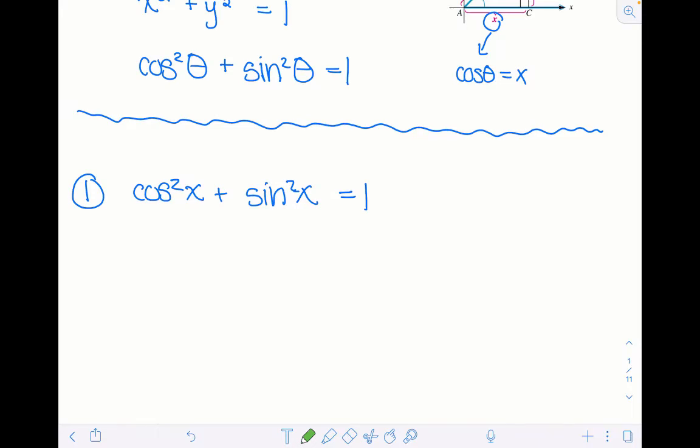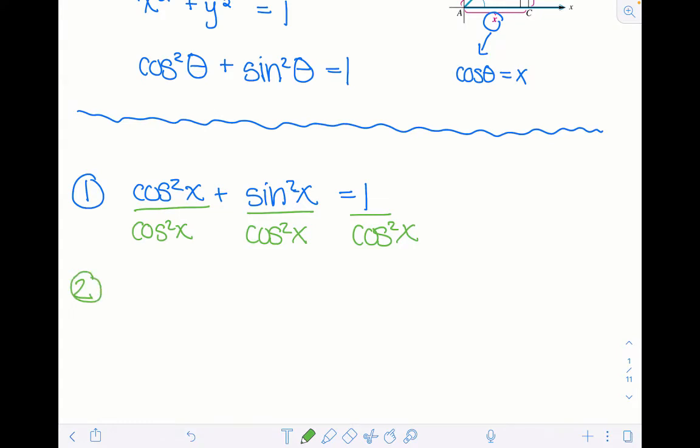So if I divide both sides by cosine squared, that basically means I'm dividing everything on the left by cosine squared and everything on the right by cosine squared. And this is just a rule of algebra, right? I can divide everything on the left side of an equation by a number or variable as long as I do the same thing on the other side. And then if I rewrite this, that will be our next equation.